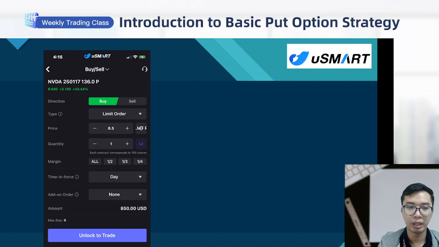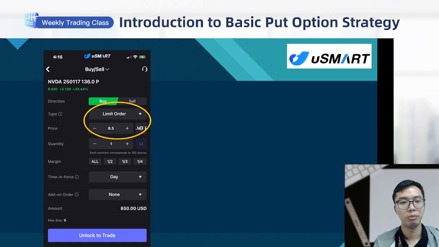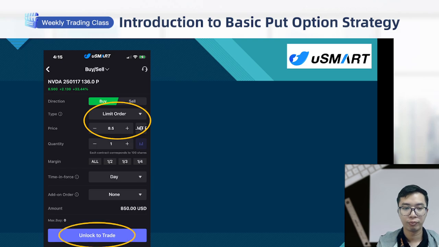Then buy, that's a limit order, 8.5, one quantity, and your premium price for one contract will be 850, which shows below, because remember one contract is 100 shares. Then you press unlock to trade, key in your PIN number, then press buy again, and you are good to go.